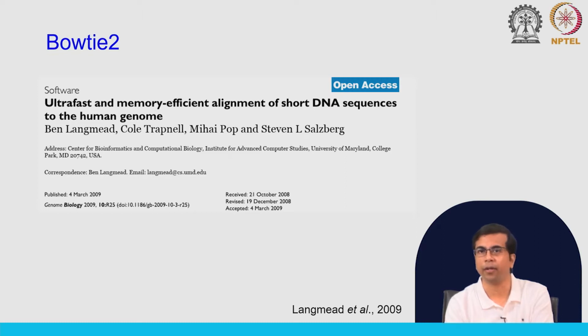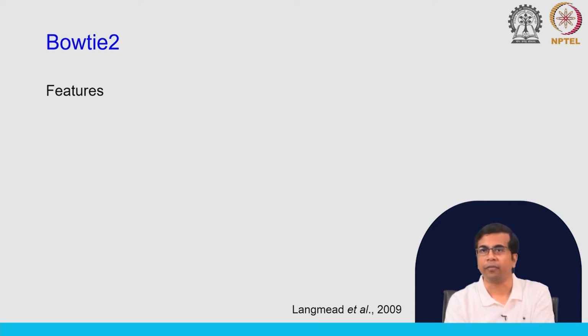This is the paper where they actually describe this method. So, what are the features of this tool? We will describe this and look at the tool a little bit, and then we will install this, set this up, and do the mapping ourselves.